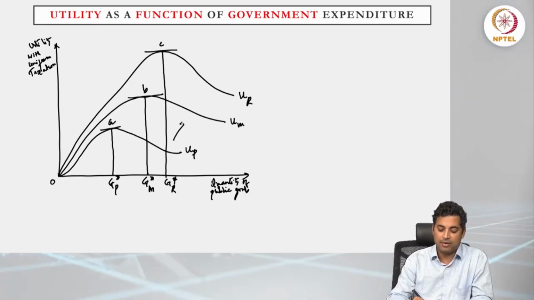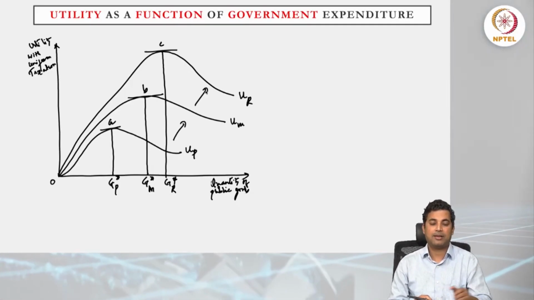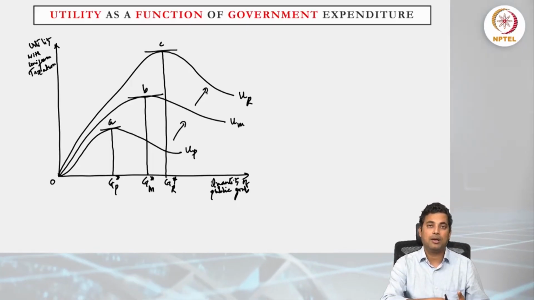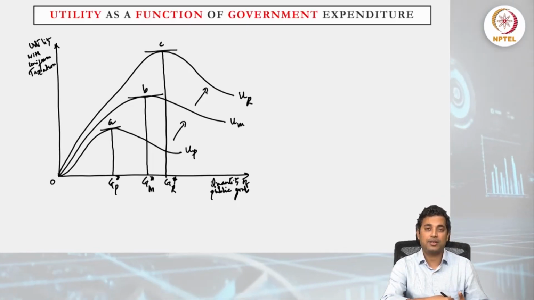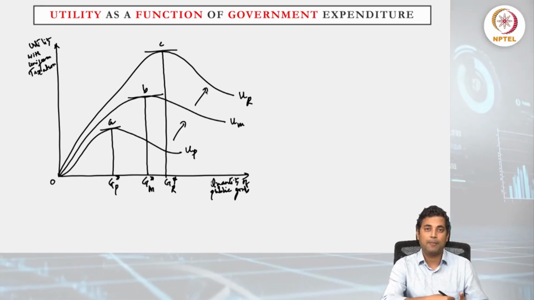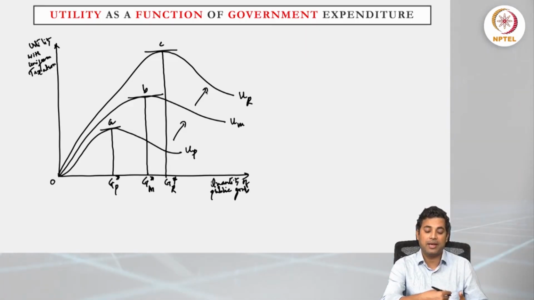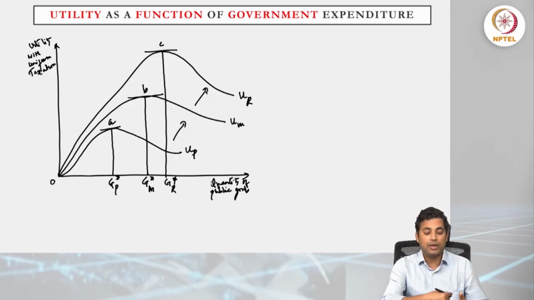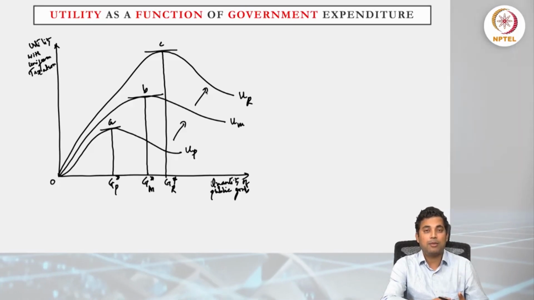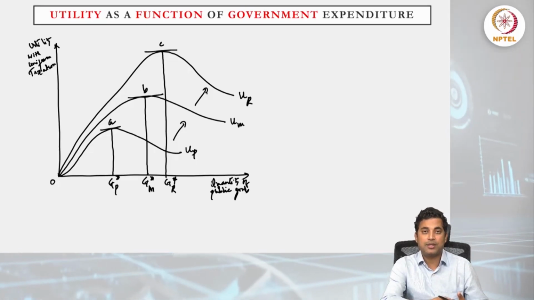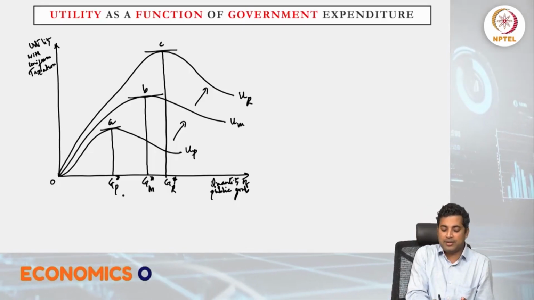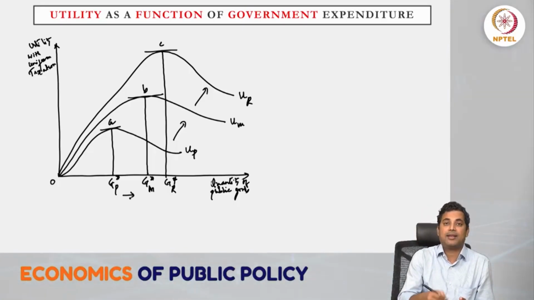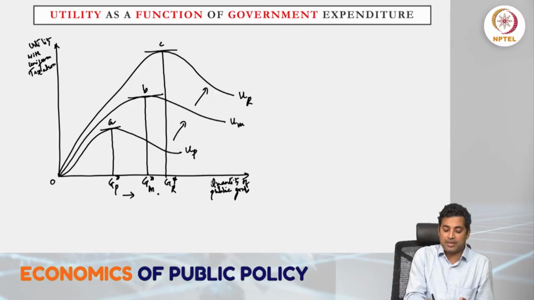The utility curve for the public goods is moving upward based on the level of income, and the total amount of public goods consumption will also be increasing as income increases.